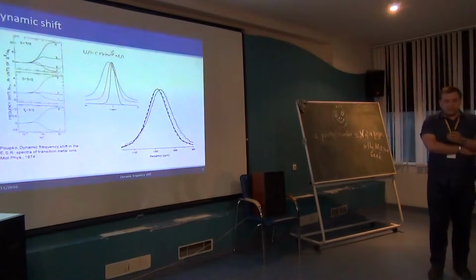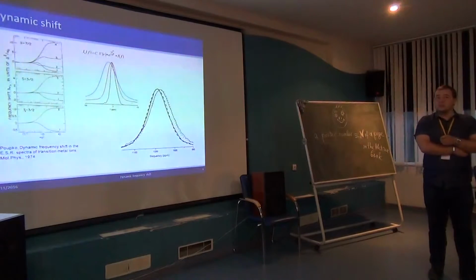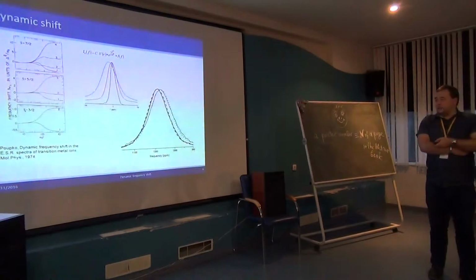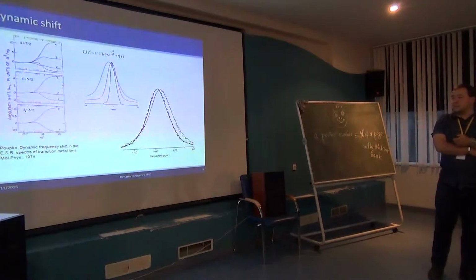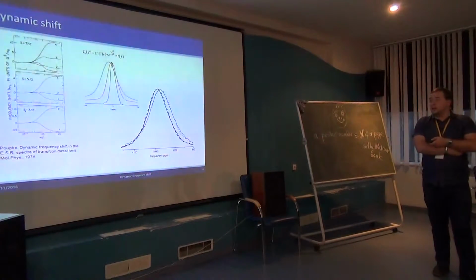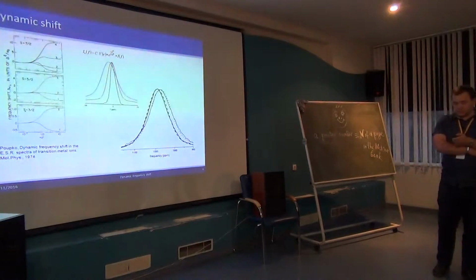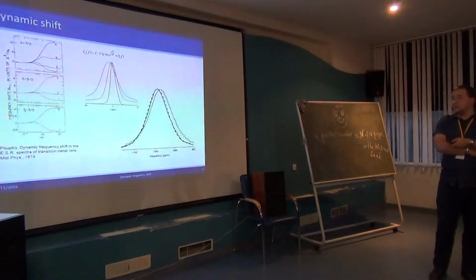The existence of the dynamic shift was predicted and observed in spectra earlier. And in the case of nuclei having spin equal to 3/2, each line consists of 2 components, and the position of these 2 components depends on the ratio of Larmor frequency multiplied by correlation time.